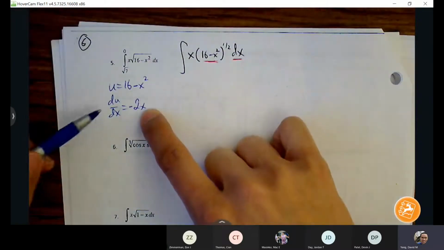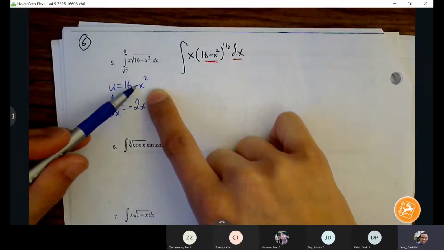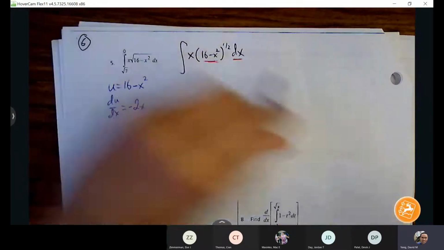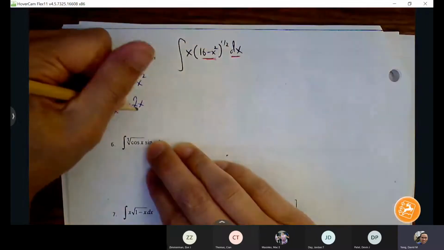Okay, 16 minus x squared, we find the derivative. 16 goes to 0. Negative x squared becomes negative 2x. Cross multiply, and then solve for dx.